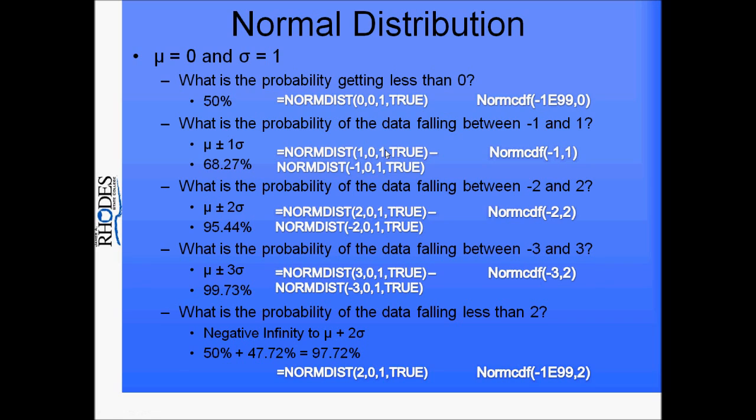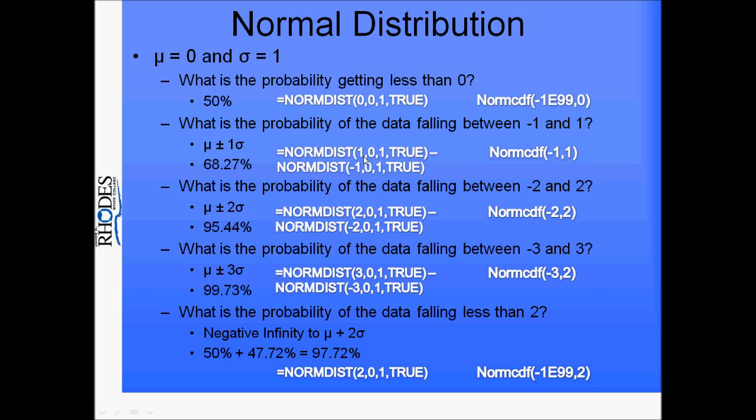But because we don't want all of that, we only want from 1 to -1, you actually have to subtract out the area from -1 to -infinity. So to do that, the calculator thinks from left to right, so you're going to take the probability of 1 and less, subtract out the probability of getting -1 or less, and that's going to give you the area between those two numbers.